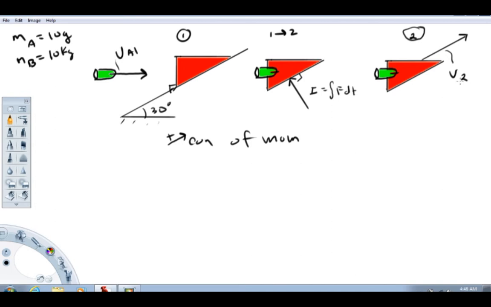Once you have V2, this object is going to be sliding up this incline with some unknown speed, but it should be slowing down under the influence of gravity and friction if it's present. So just call this position 1, this position 2.